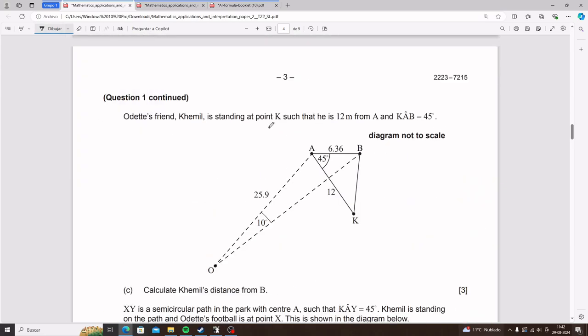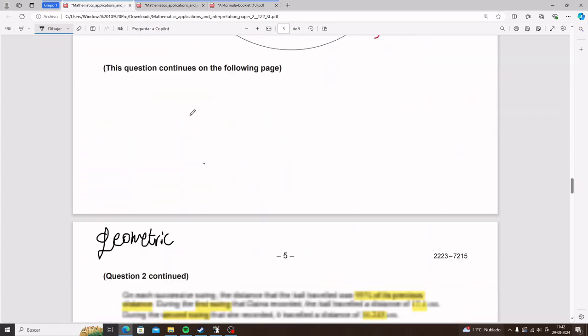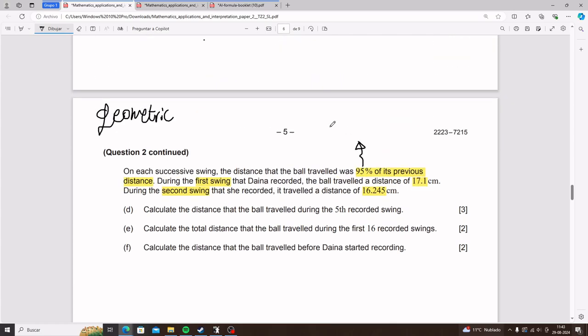As you've probably seen in probability, 1 is 100%, 0.5 is 50%, and 0.05 is 5%. And so if in this exercise they are saying that each previous distance, swing, whatever, is 95%, then R has to be 0.95.